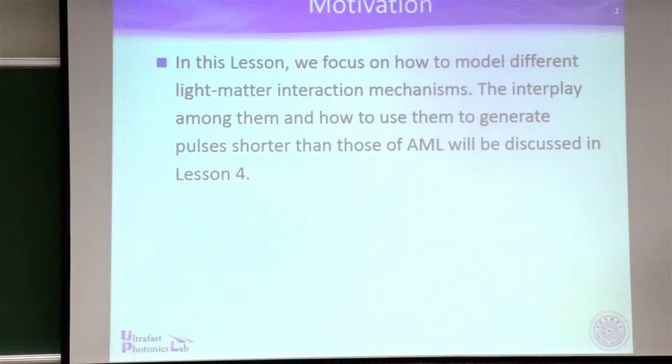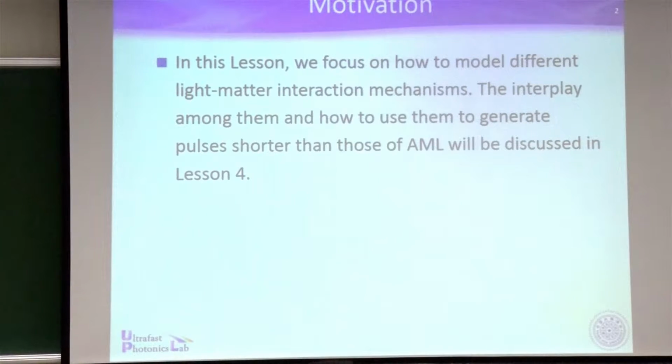The motivation of this lesson is we will first focus on how to model different light matter interaction mechanisms, including the 4 types of mechanisms. But they are just tools. The interplay among these mechanisms and how to use them to generate pulses shorter than those of active locking will be discussed in lesson 4.